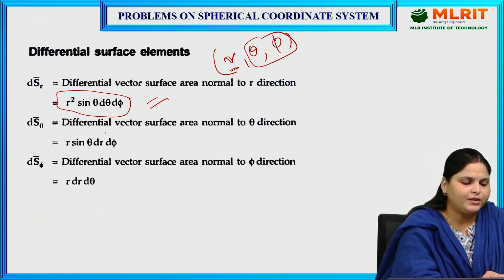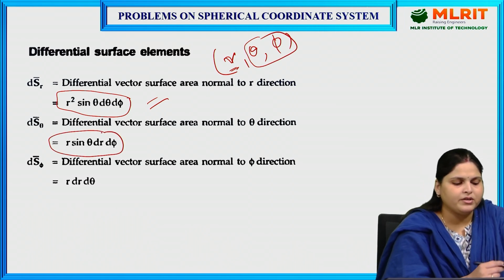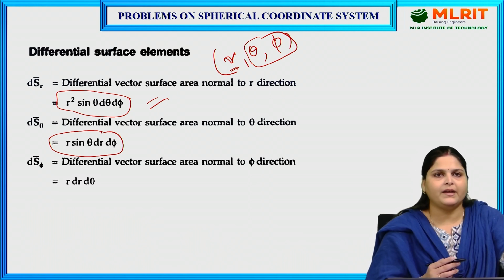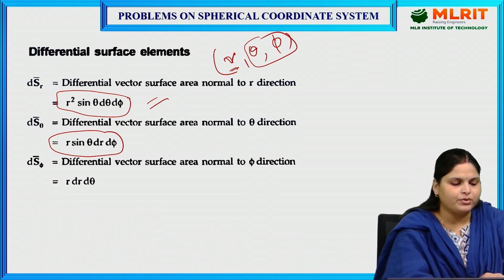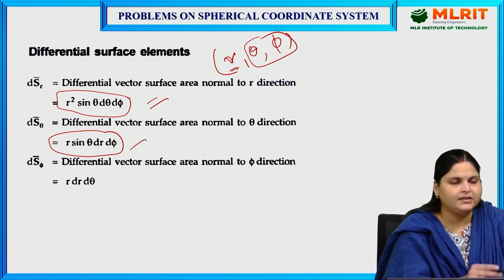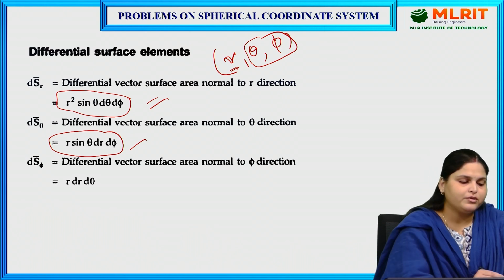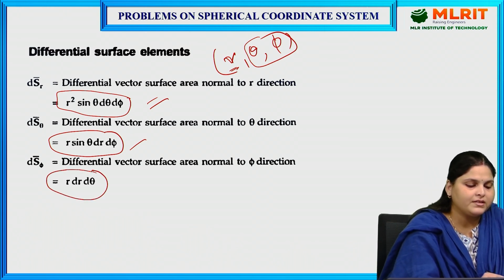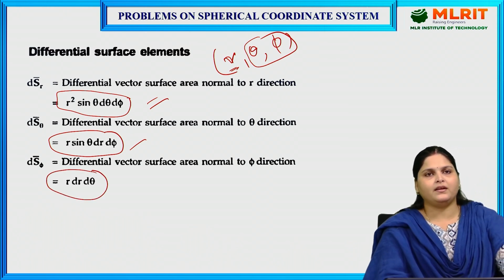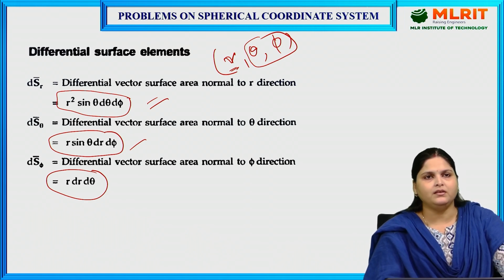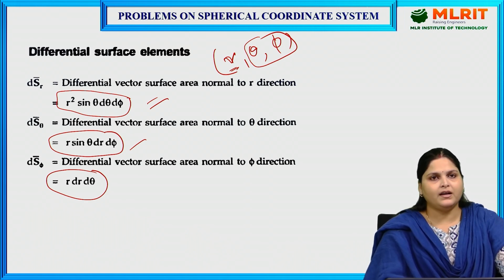Similarly, for the theta constant surface, r and phi can vary, so it is r sin theta dr d phi. For the phi constant surface, the formula is r dr d theta. Here phi is constant but r and theta can vary.